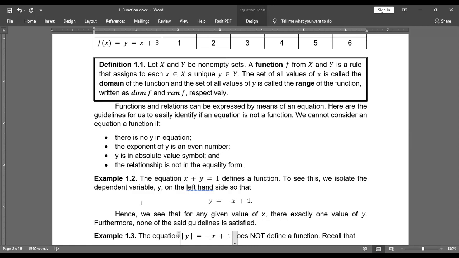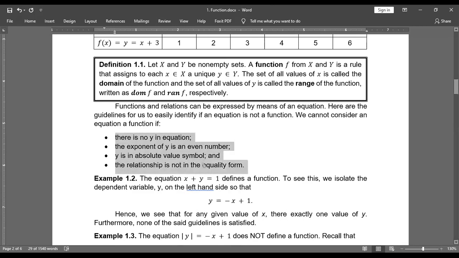And furthermore, we can consider this as a function since none of the conditions is satisfied. Therefore, this is a function.